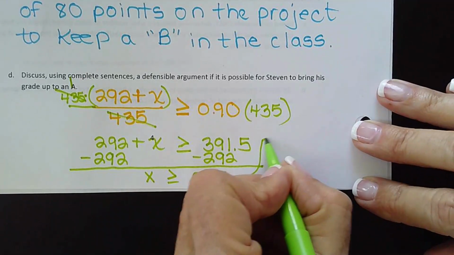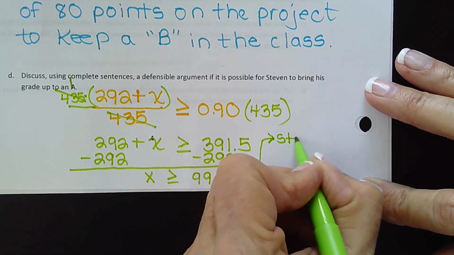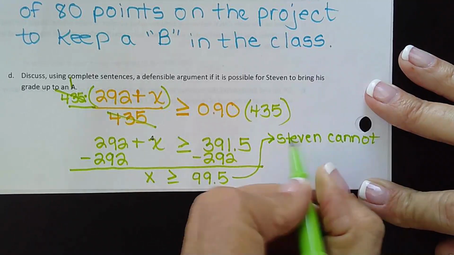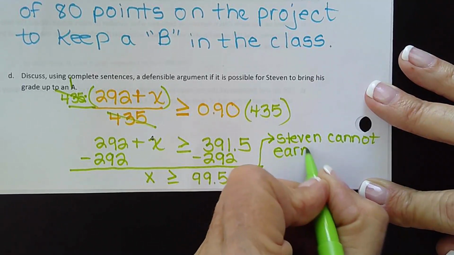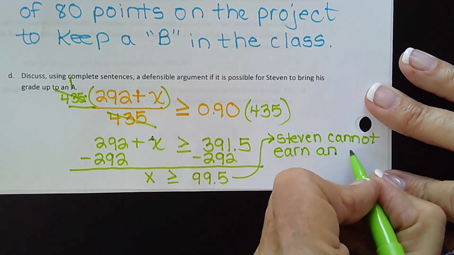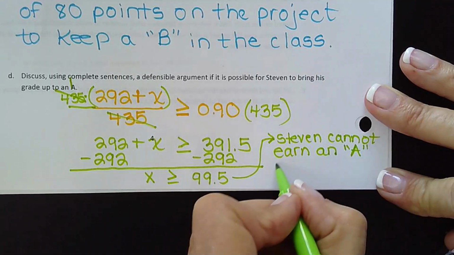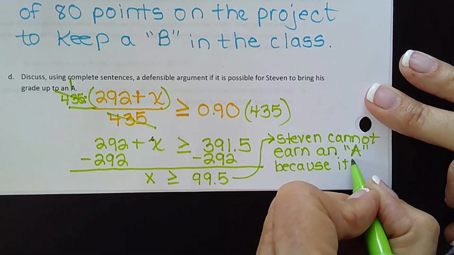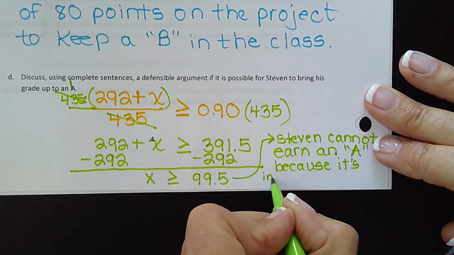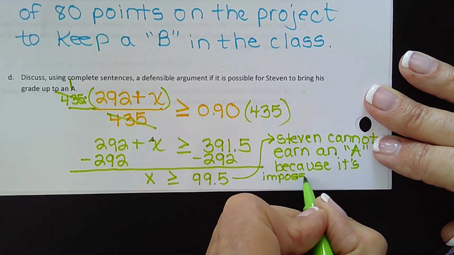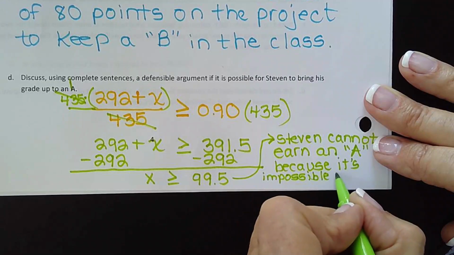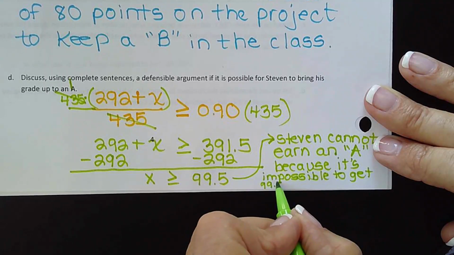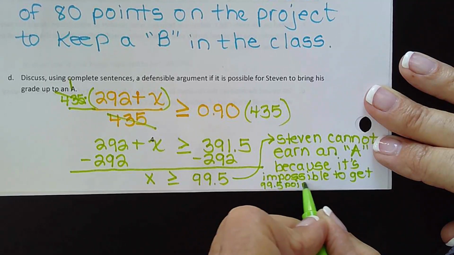So we would say Stephen cannot earn an A because it's impossible to get 99.5 points on an 80-point project.